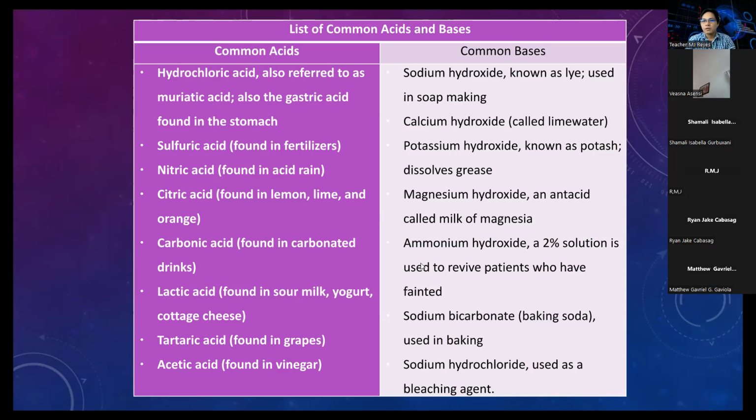Magnesium hydroxide is an antacid, or anti-acid. It is used if you have hyperacidity, and is called the milk of magnesia.